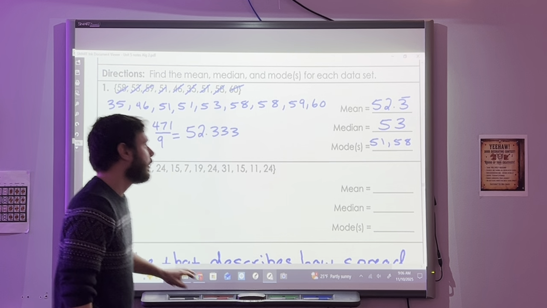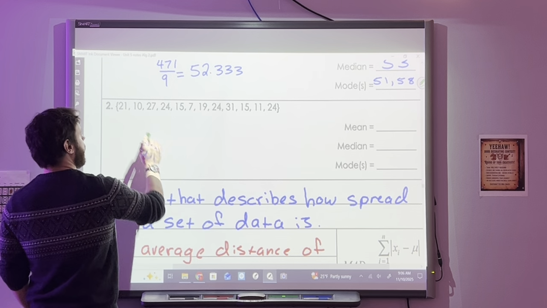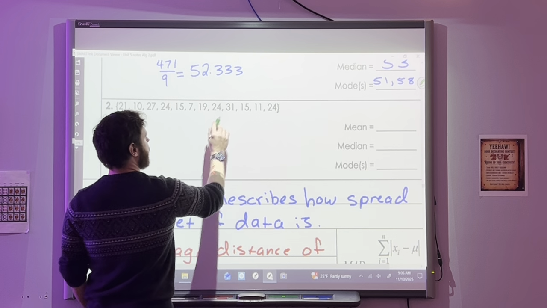Okay. I'm going to do the exact same thing down here for example 2. Smallest to greatest. Where are we at? So the smallest number here I think is a 7.